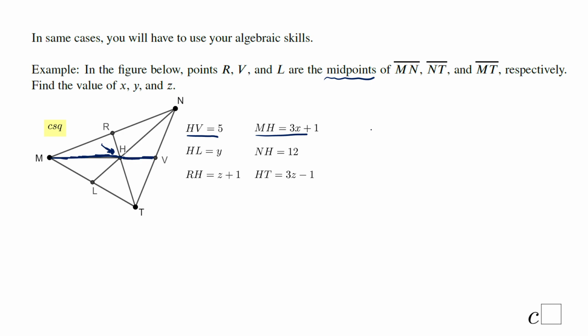If you remember, HV is twice MH. So looking at the expression we have the equation 5. I'm sorry, it's the other way. Twice HV is MH.